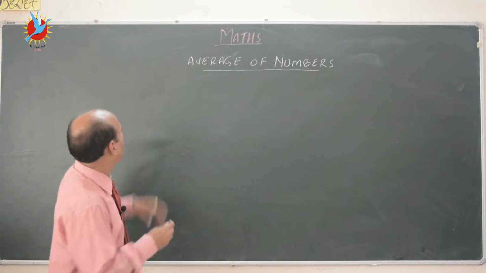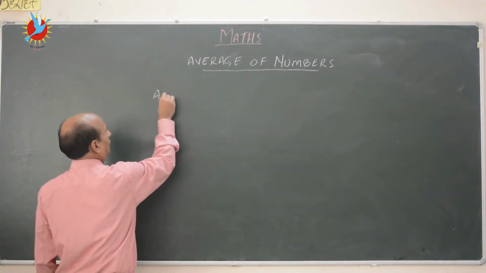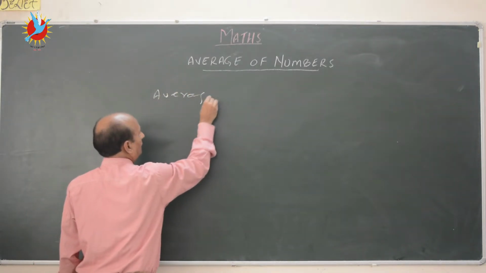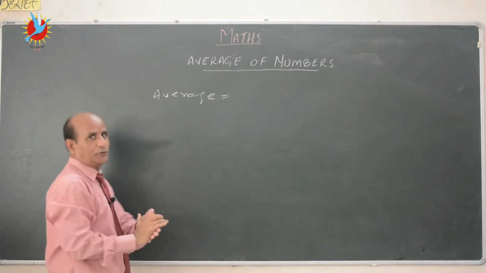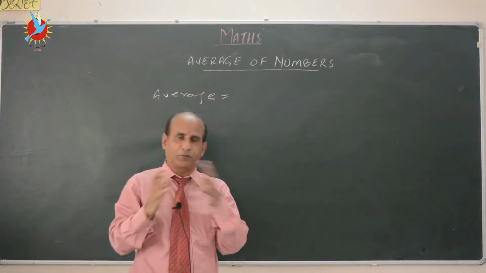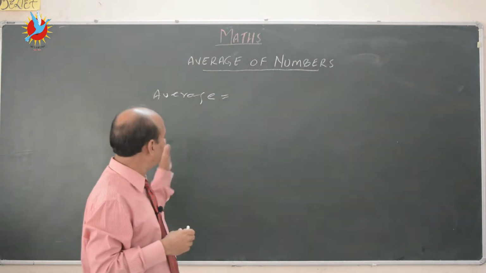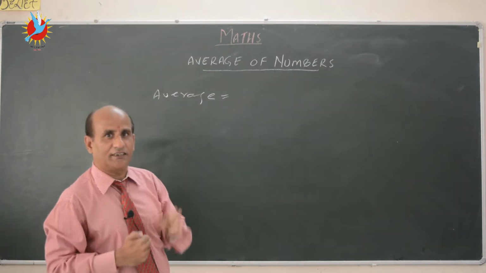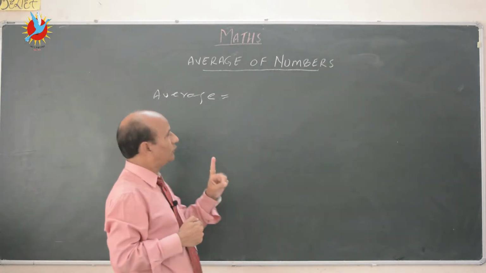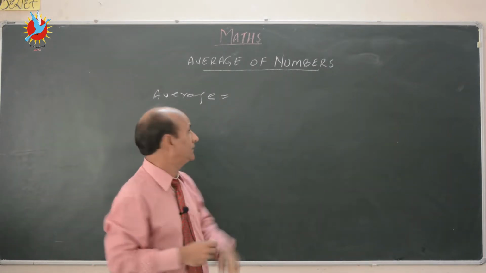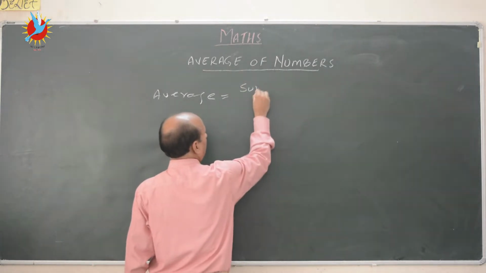First thing is average. If you want to find the average, suppose some numbers are given, suppose the heights of some different students are given, then first of all you have to calculate two things. First is the sum of all the numbers.